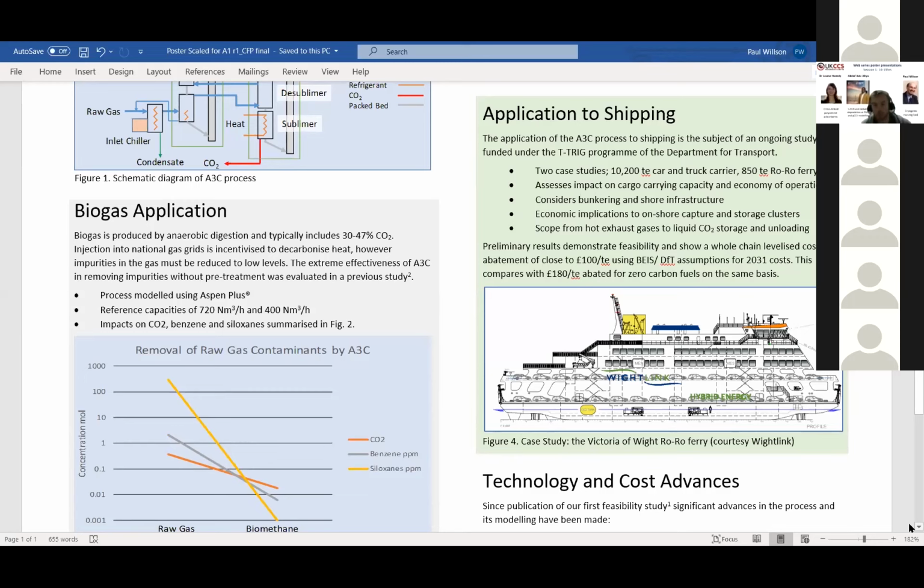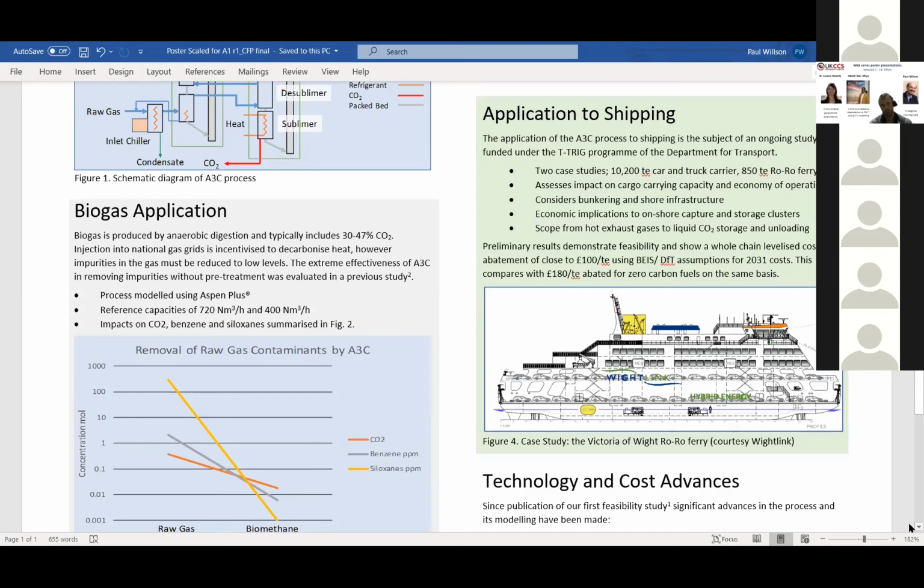The intent here is to understand how the cost of abatement is changed by using a carbon capture process rather than using a zero carbon fuel such as ammonia. What we've found so far is that the process is indeed feasible. The equipment isn't unreasonable size or weight. The storage vessels we require for carbon dioxide are relatively modest. It's to do with the relatively small energy consumption of ships compared with their cargo size.